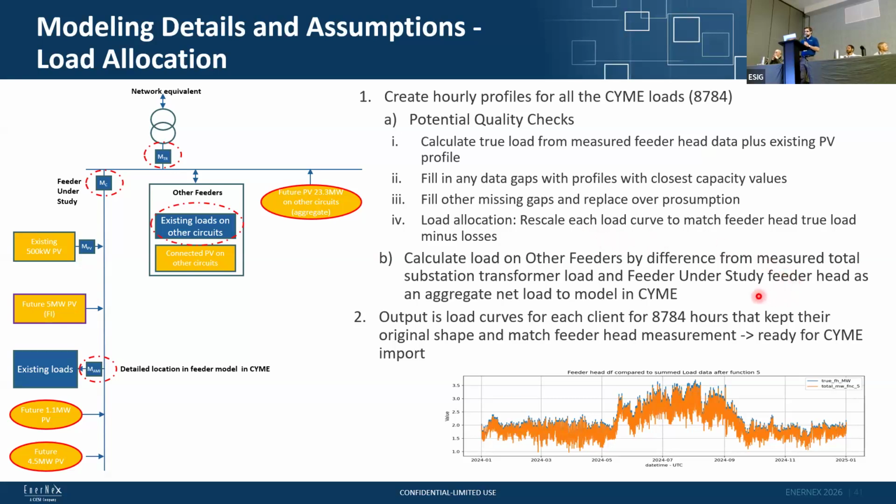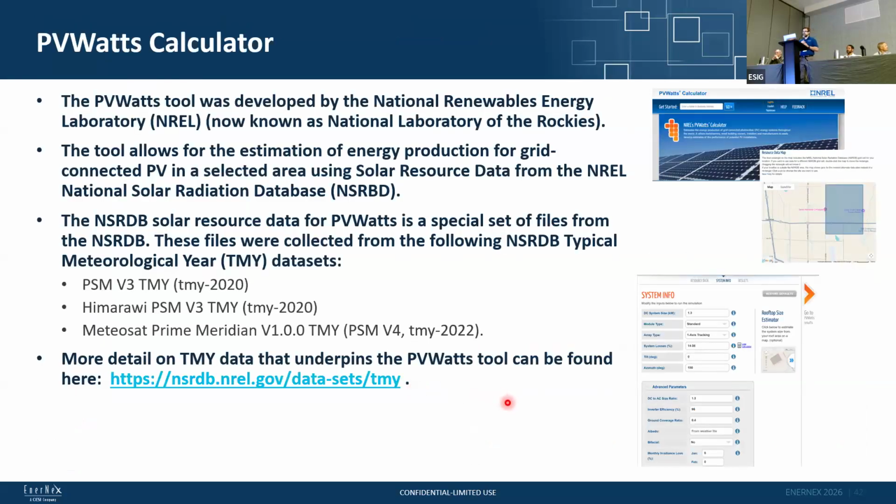And then like I said, we calculated the other feeders all aggregated together and placed them close to the substation transformer in the modeling. And then you get a bunch of output curves that you can import and apply for every hour of the simulation.